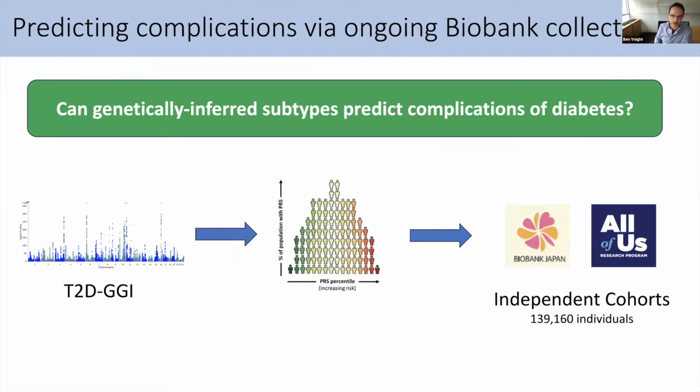So what we can do is take our large-scale GWAS, our genetic risk scores that are partitioned by the clusters we've identified, and then take advantage of a completely independent cohort of individuals from the All of Us study and the Biobank Japan study that didn't contribute to the primary GWAS, and in those cohorts measure different complications of diabetes and ask, can my subcluster of genetic risk for that beta cell biology or that metabolic syndrome predict heart attack or diabetic kidney disease or retinopathy?